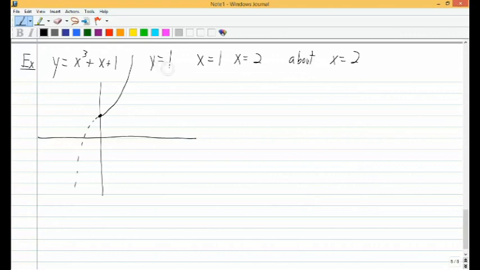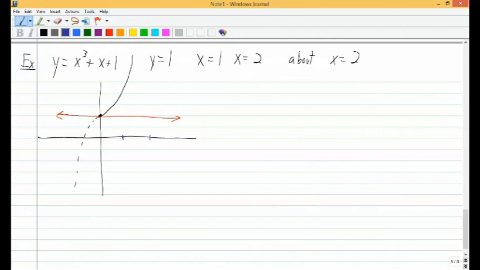All right, so y equals 1. We go to where y equals 1, that was right here, and draw a horizontal line. Let's say x equals 1 about right here. I'm going to put x equals 2 about right here.